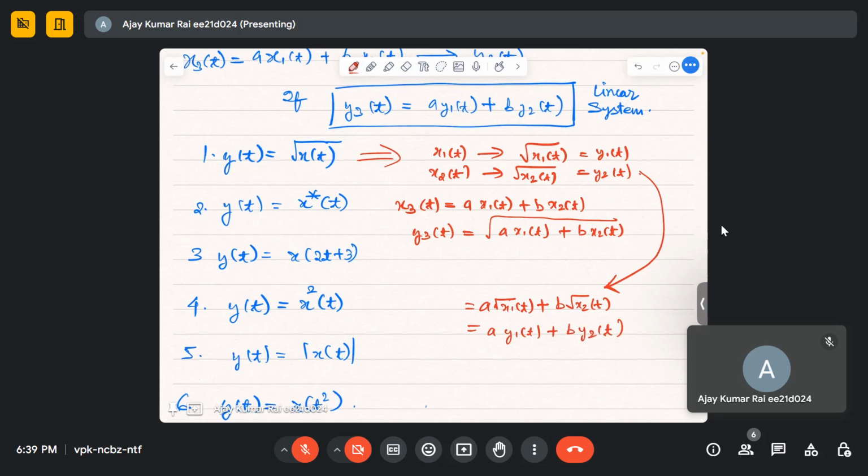You just compare these two values, whether they are equal or not. They are supposed to be equal. If they are equal, you can call this a linear system. But here they are not equal, so this is a non-linear system.